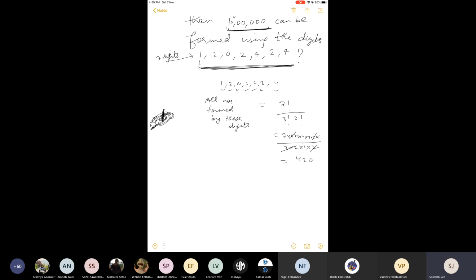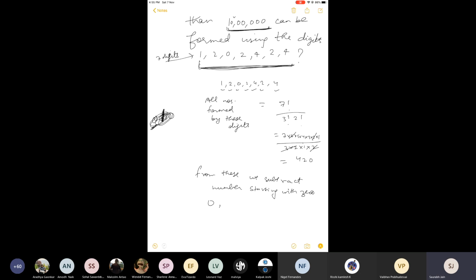I am not saying 6 digit, 7 digit, nothing. Now from these we subtract numbers starting with 0. Because when a number starts with 0, technically it will be less than a 7 digit number; we'll count it as a 6 digit number.